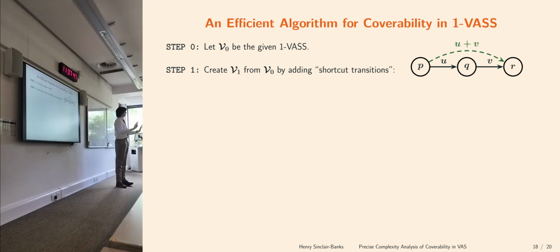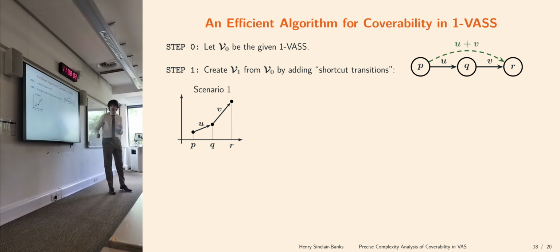To be clear what a shortcut transition is for the sake of this conversation, take two transitions that share a middle node, so P to Q, Q to R. And I'm going to consider adding the shortcut P to R, which will have the combined update U plus V. And I'm only going to add it in certain conditions. The first scenario, suppose U and V are both positive, then I'm just going to add the shortcut. I'm not doing anything fancy.